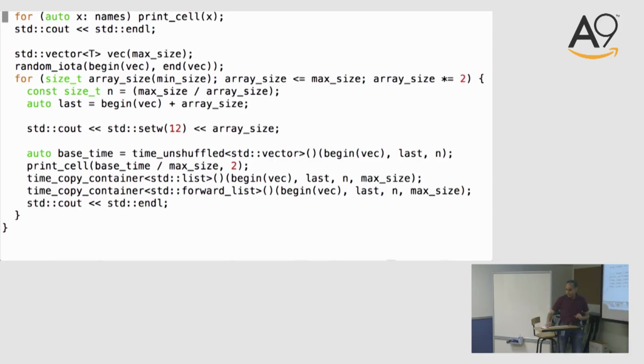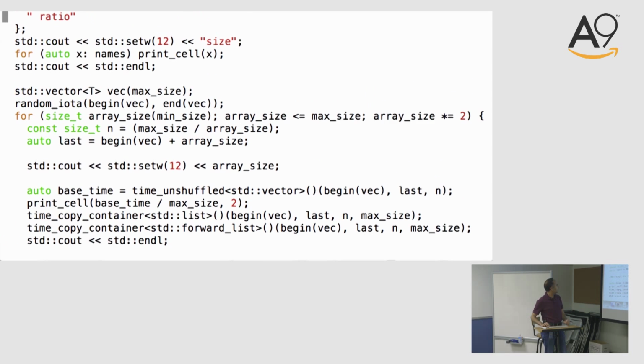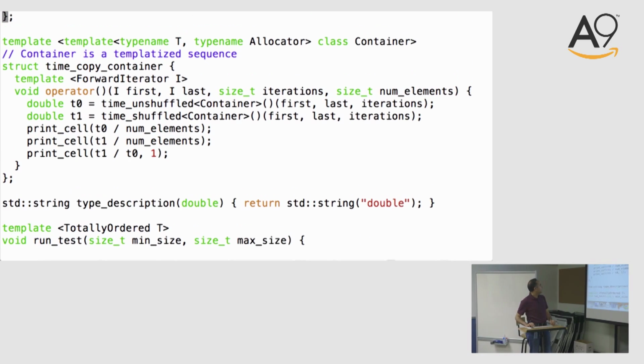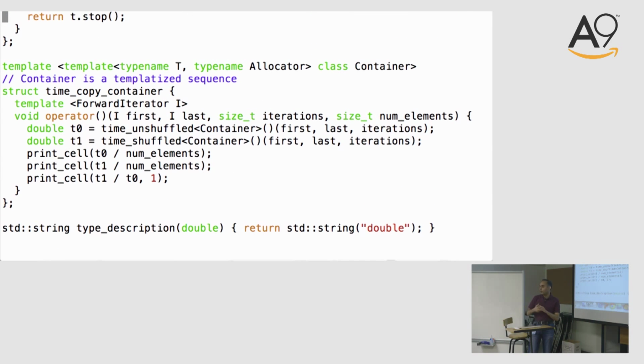And there's one more twist: we are going to iterate over the list twice. Once, we are going to iterate over an unshuffled version of the list, which we allocate in order, laid out in memory one after another. We iterate over that, and then we shuffle it by sorting it using merge sort, and then we iterate over it. And we see what the difference is.